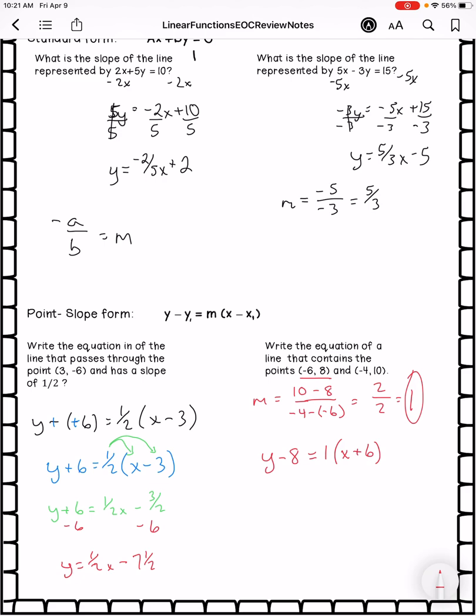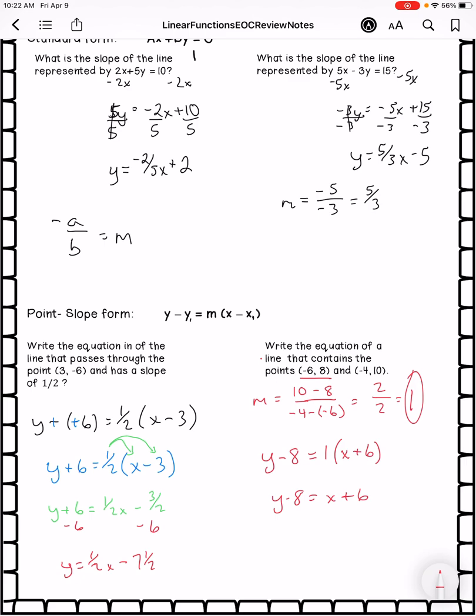And again, you could drop the parentheses, and it could just be written as y minus 8 equals x plus 6. So that could be written either way, and that would be accurate.